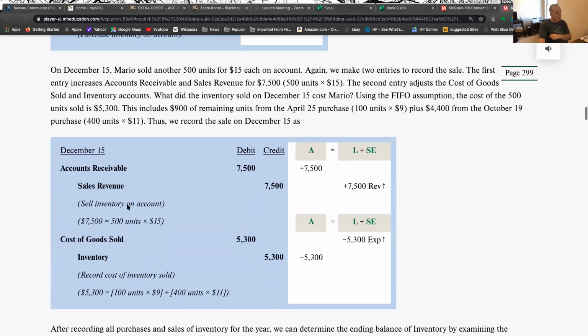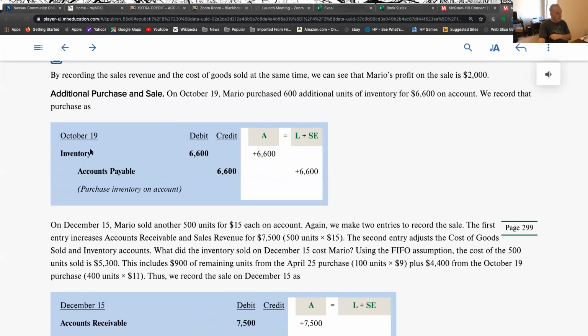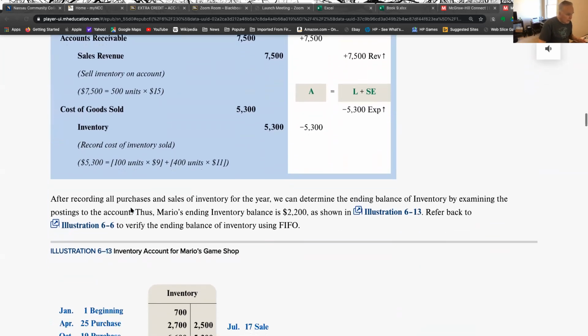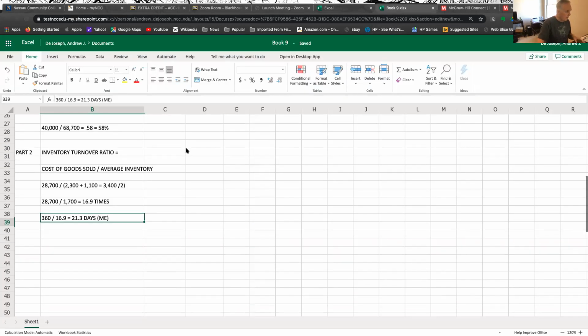So what entry do you make when you sell? Debit accounts receivable, credit sales. Debit cost of goods sold, credit inventory. What entry do you make when you buy inventory? Debit inventory, credit accounts payable. Those are basic entries. Let's take a look at a homework problem where maybe we'll see more of it.